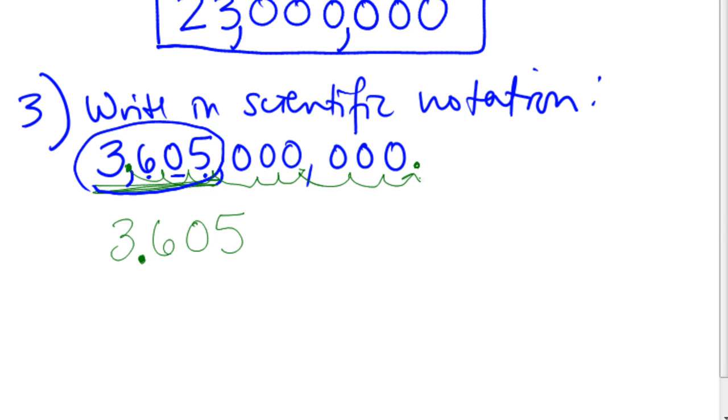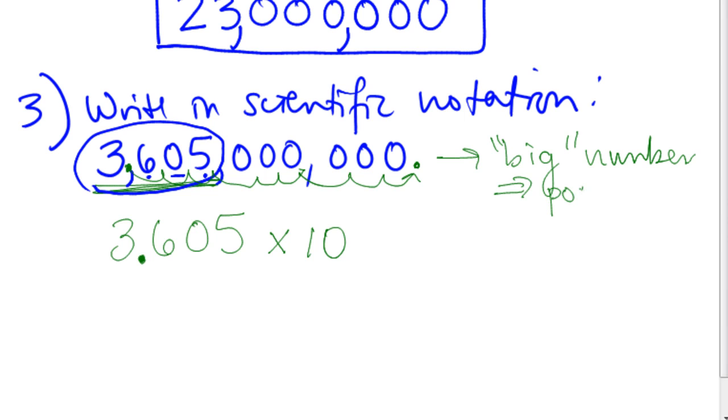So that means that I need to multiply times 10 to the positive, because this is a great big number, so it's going to be positive.